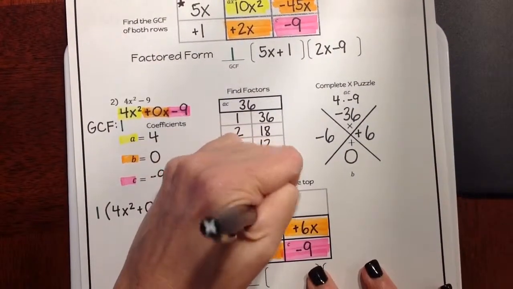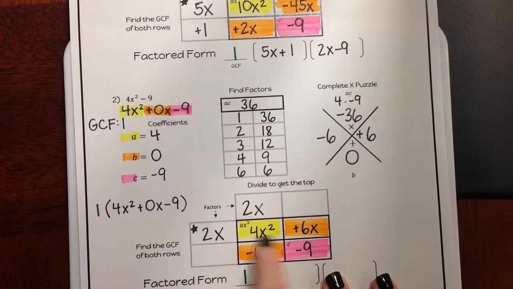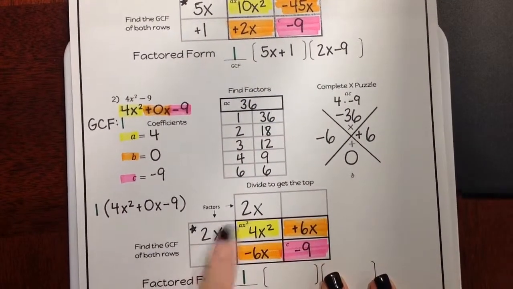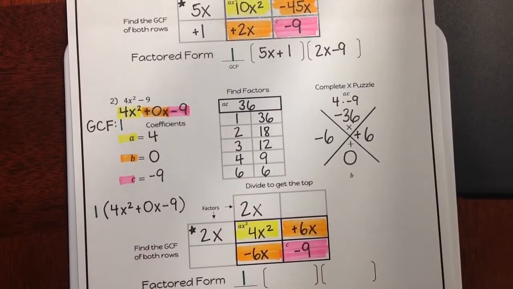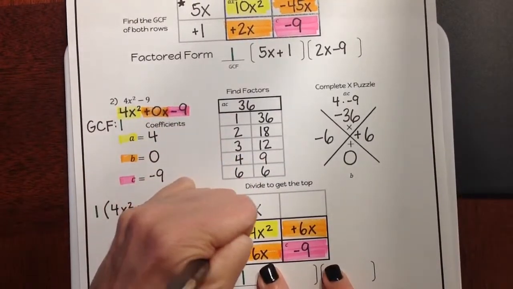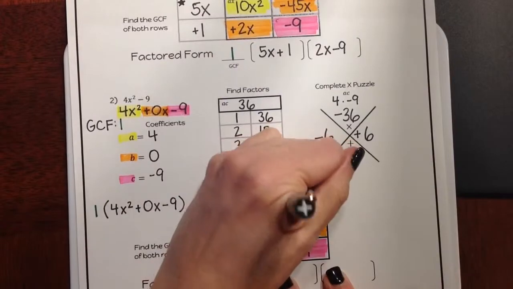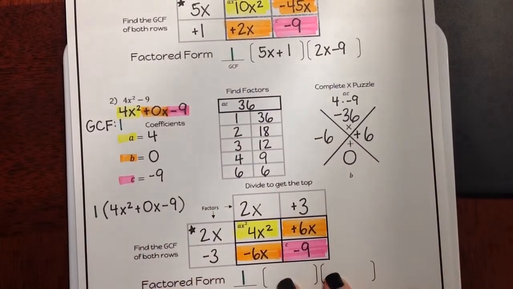Well, that's got to be 2x and 2x. That's how I got to split it up because I can remove an x from both of these terms. I can also remove an x from both of these terms if we're thinking back to that GCF lesson we had. Now I'm going to use my multiplication skills. 2x times what is going to give me negative 6x? That would be a negative 3. And this has got to be a positive 3 because positive 3 times 2x is going to give me a positive 6x.